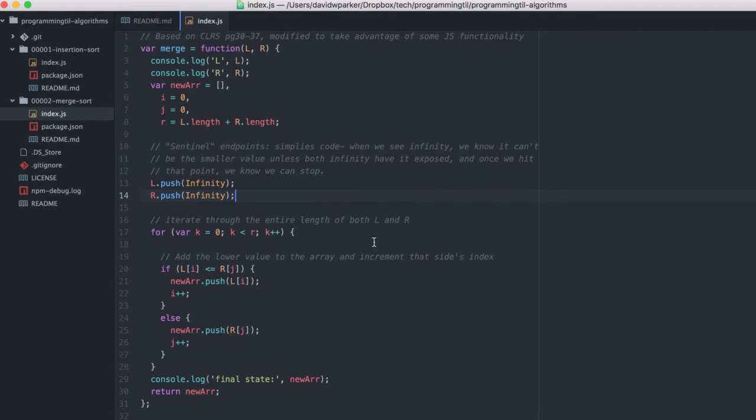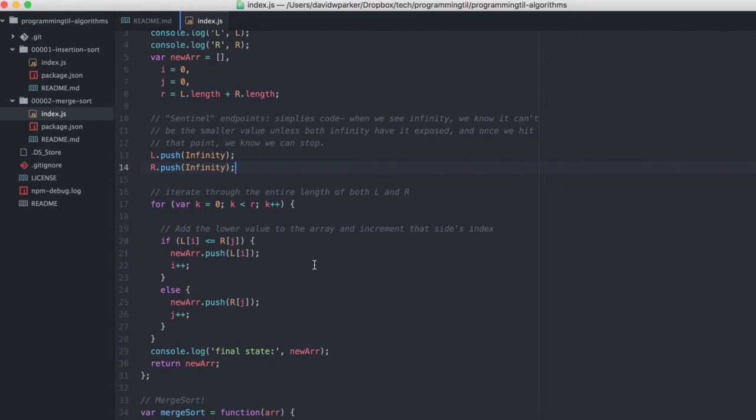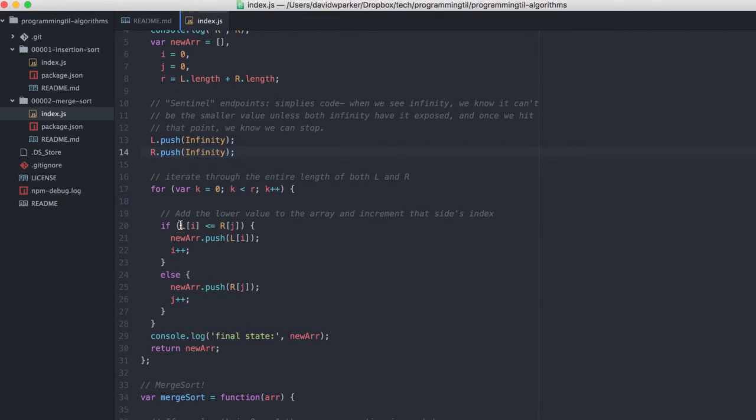So if you ever hit infinity, you know that's not going to be the smallest number to compare to. So we're going to iterate through the length of both L and R, which is k, the sum of those. And if the left value at that index is smaller or equal to the right one, we'll push that onto the new array first and then iterate that index. Otherwise, we'll push the right one on and iterate that index.